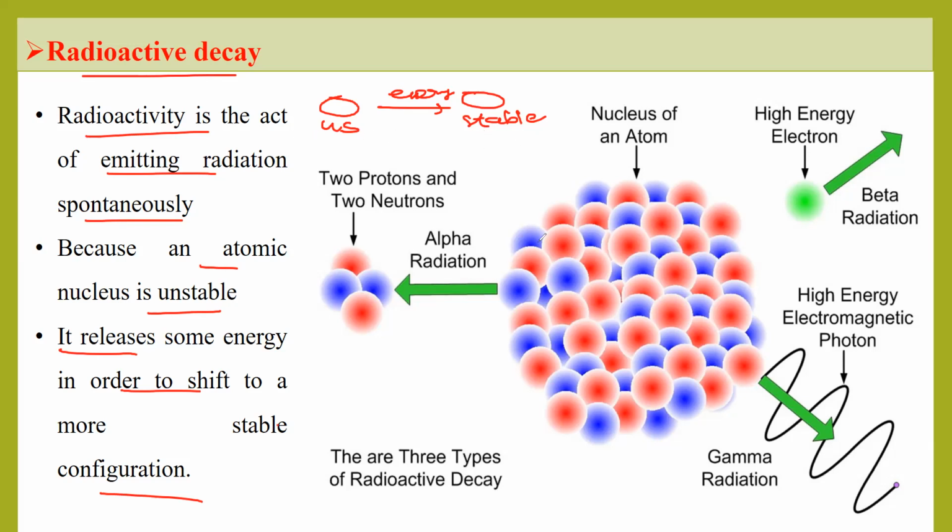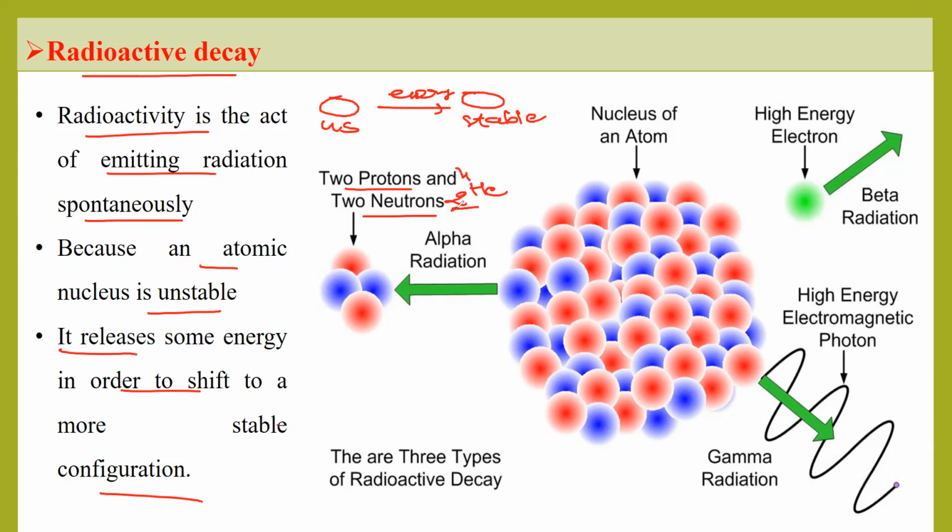For example, you can see in this diagram, there is an unstable nucleus. It can release alpha radiation. And what is alpha radiation? It is a combination of two protons and two neutrons, which can be said to be a helium-4 nucleus.